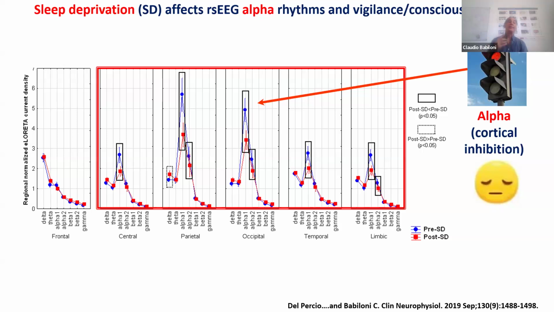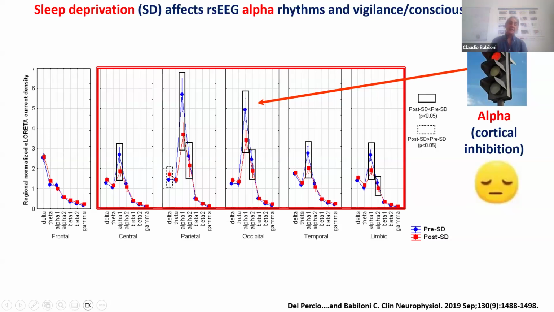So a lower vigilance in the same behavioral condition of resting state eyes closed. And indeed, you see that there is a decrease of resting state EEG activity in red. There is a clear reduction.